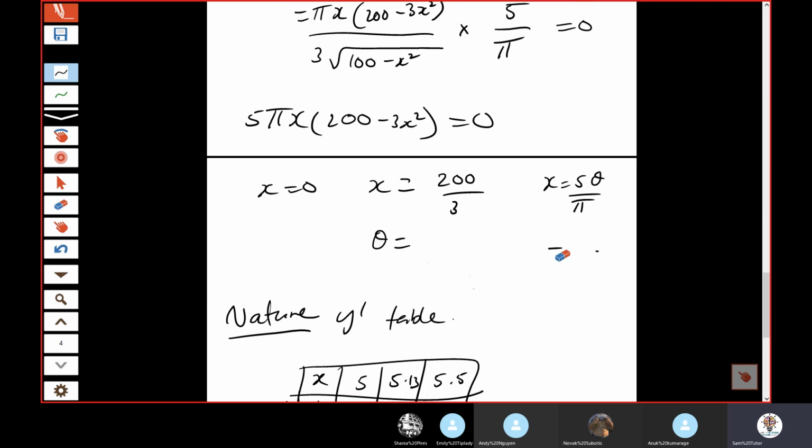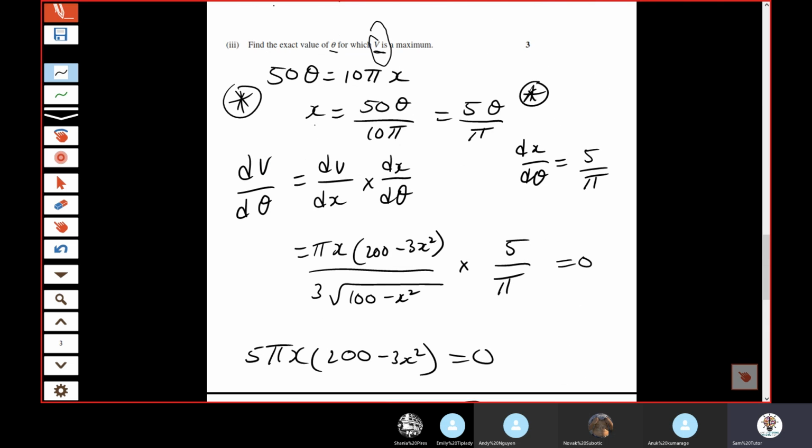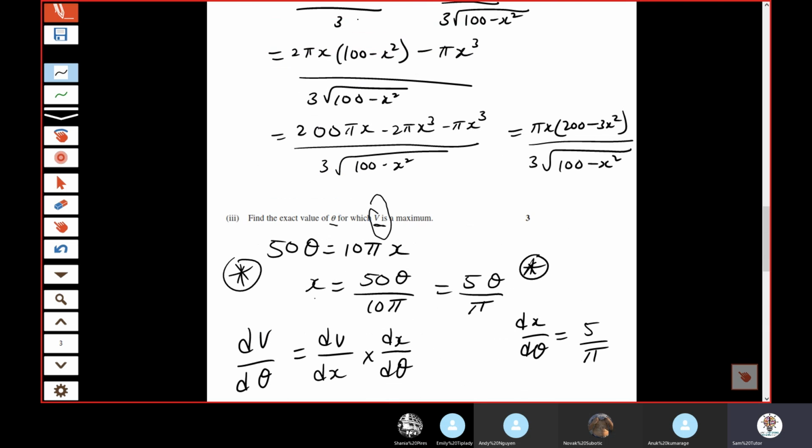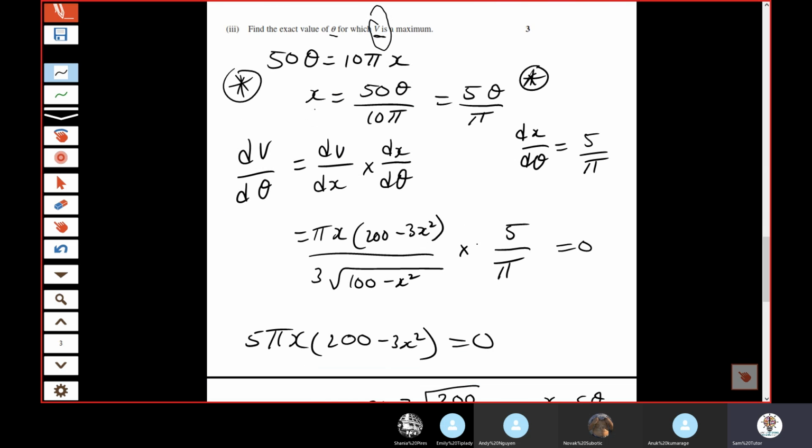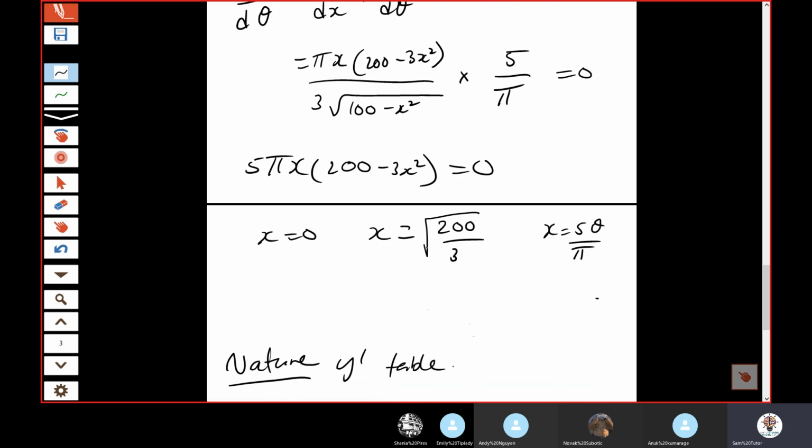You don't need to find it like that, which means even initially, I could have just made dv on dx equal to 0. So you could have made this component here equal to 0, which is exactly the same as what we've got here, except I've got the times 5 on pi, which doesn't make a big difference in terms of your math. So you'll still end up with the same result.